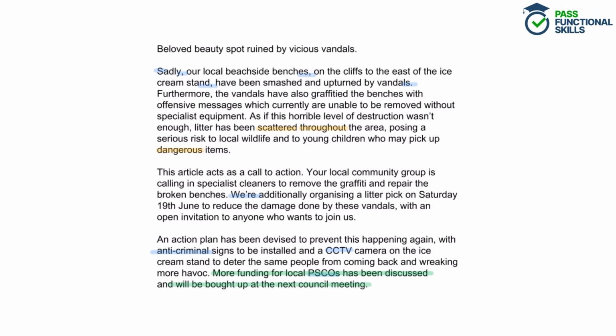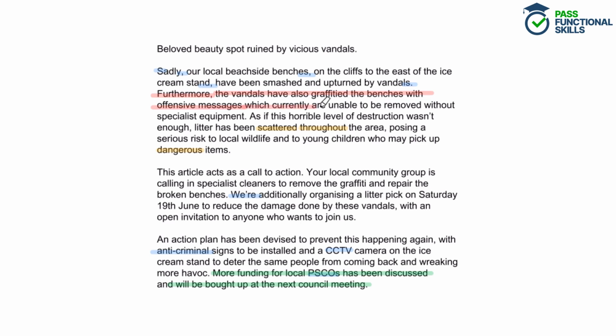In your exam, you'll have to make sure that all of your answers are crystal clear and really easy to understand. And this answer definitely does that. For example, in this sentence, we start with furthermore to show that we're linking to the previous sentence and adding information. Then we've got the vandals have also graffitied the benches with offensive messages. And we can understand really clearly what has happened there.